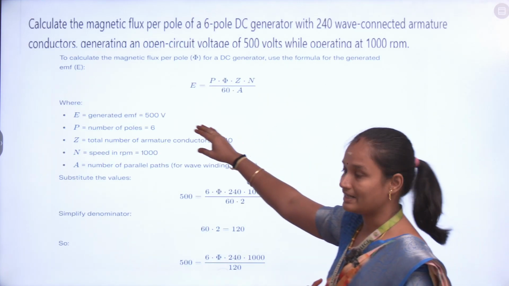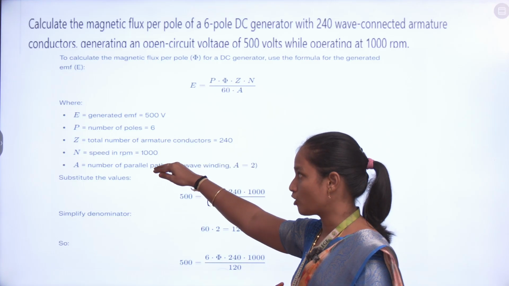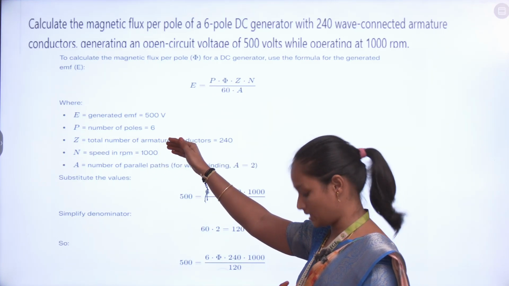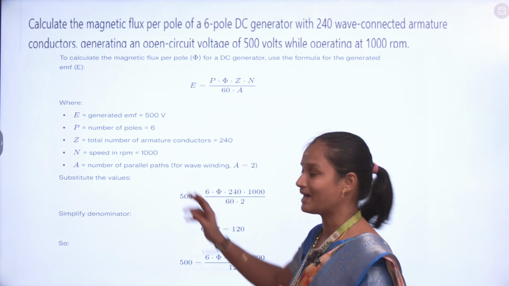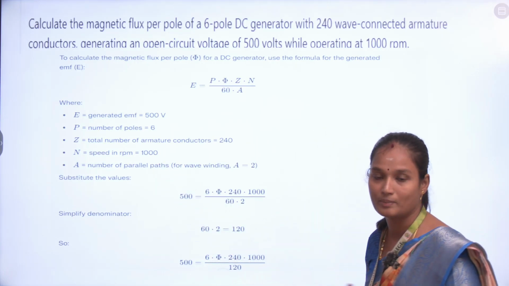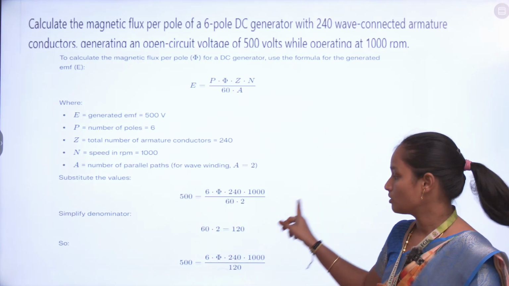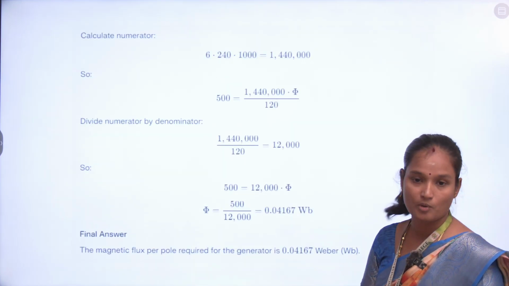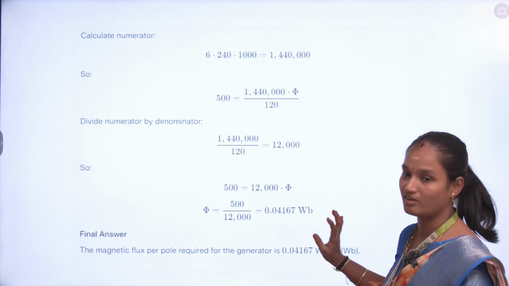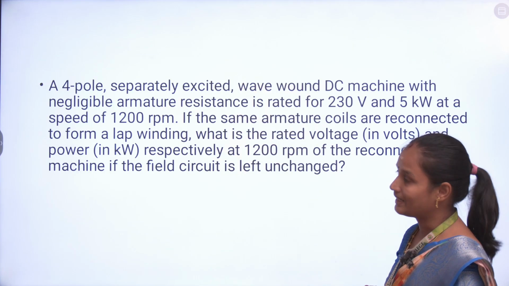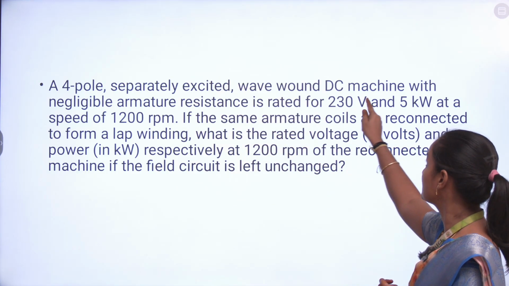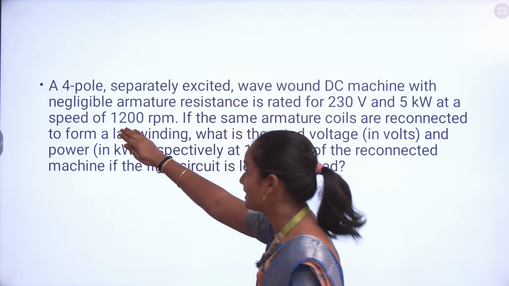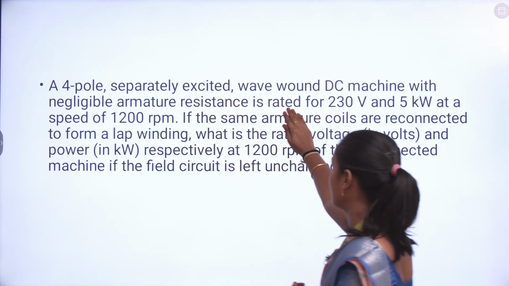We know the generated EMF, the number of poles, the number of armature conductors, the speed and the number of parallel paths. If you substitute here, we will be finding the phi. Therefore the phi is equal to 0.04167 Weber.